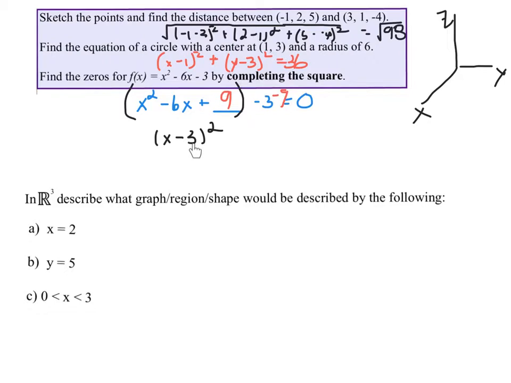So x minus 3 squared, if you actually multiplied that out, you would get this thing in parentheses. And now it is minus, because minus 3 minus 9 is minus 12 equals 0. So if I wanted to solve this for x, to figure out when it's 0, I could add 12 to both sides.